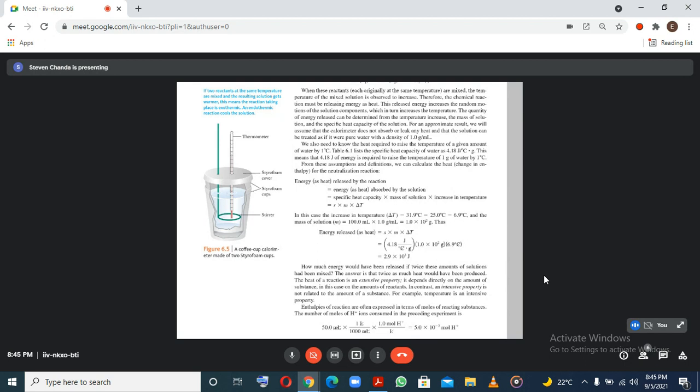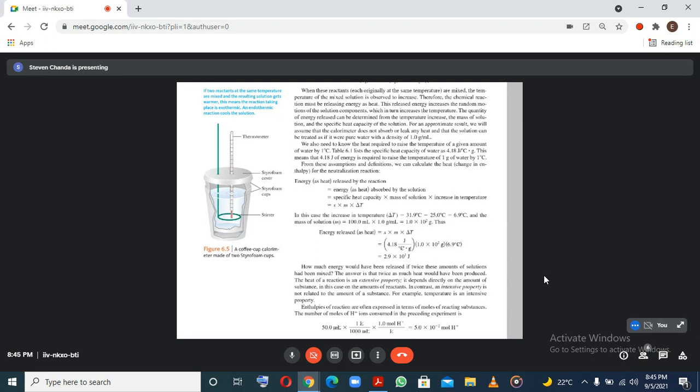The specific heat capacity of water is 4.18 joules per degree Celsius, meaning 4.18 joules of energy is required to raise the temperature of 1 gram of water by 1 degree Celsius.